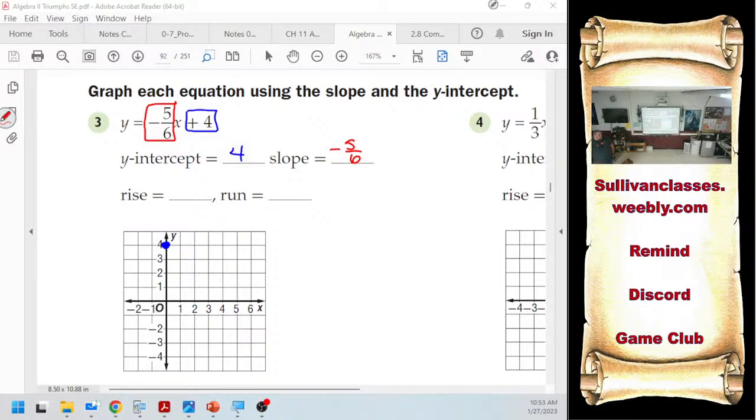When I see a negative number, I'm always going to go left to right like a book so that I don't screw this up. And it says -5, so do I go up or down? Negative goes down. If I'm always going left to right, negative goes down. That helps me: down 5, right 6. From this point, I'm going to go down 5, right 6.